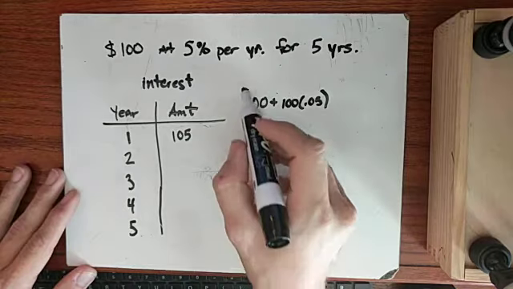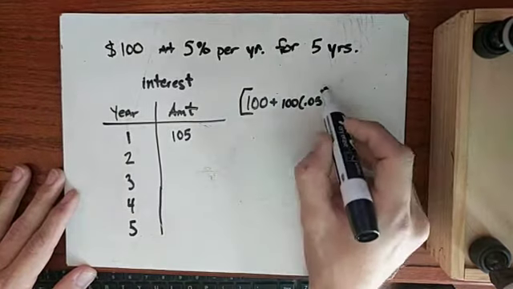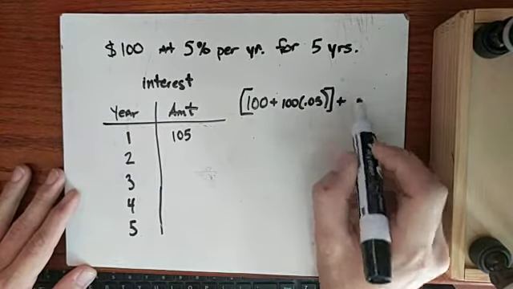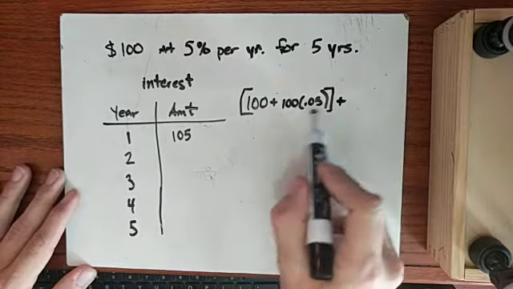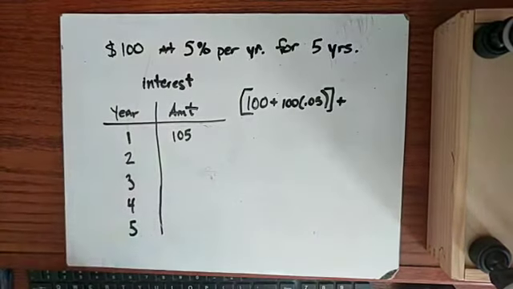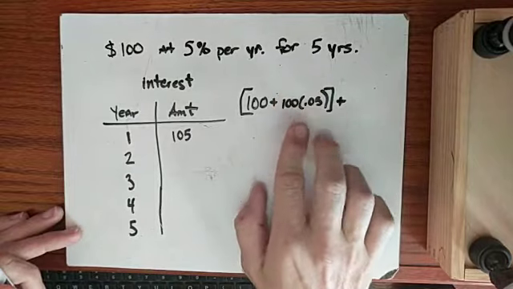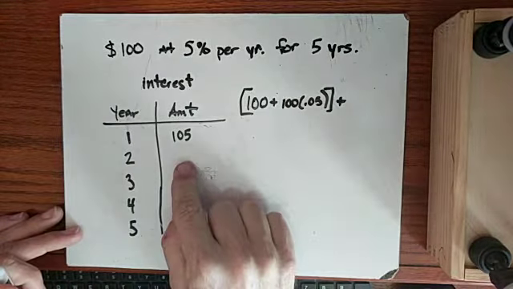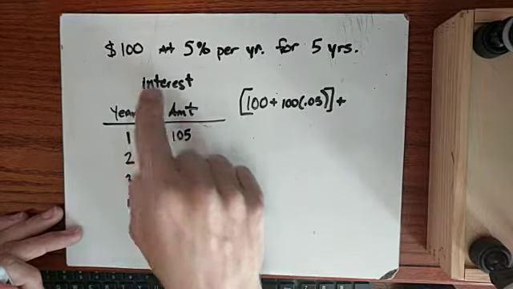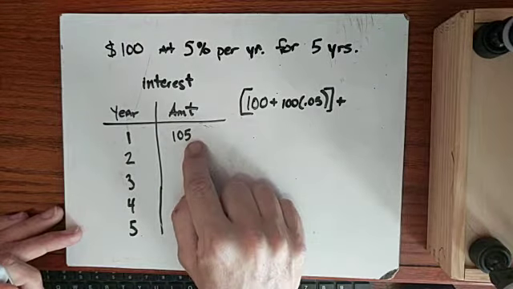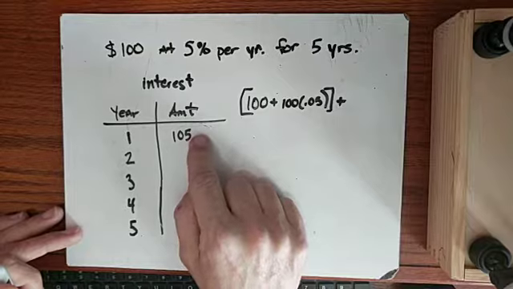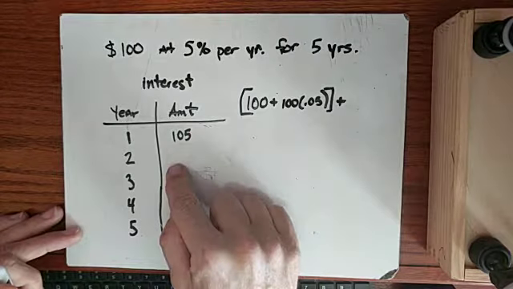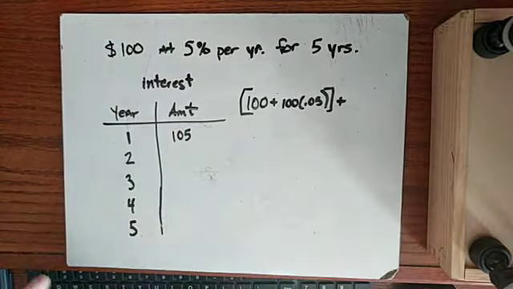Well, at the end of year 2, we're going to take this amount of money and add 5% of this amount instead of 5% of the original amount. You can tell that you're going to make a little bit of extra money because you've made interest not just on your original principal, but also on last year's interest. So last year's interest goes into a new principal amount, and you have more money now, right?